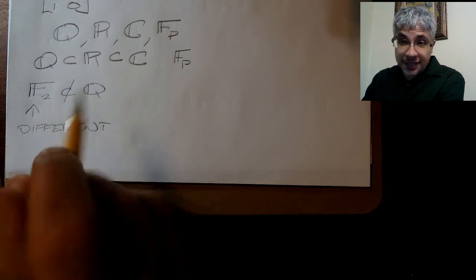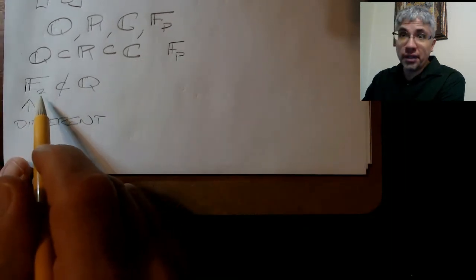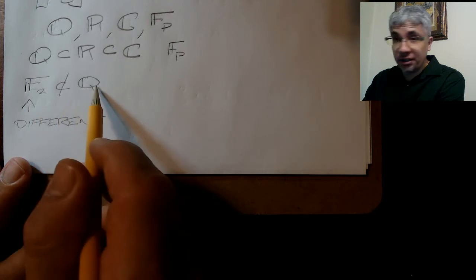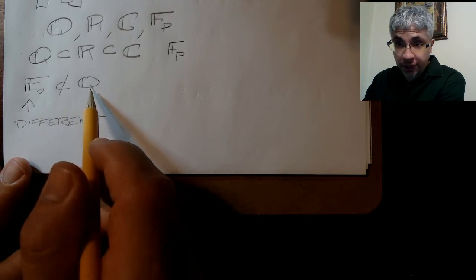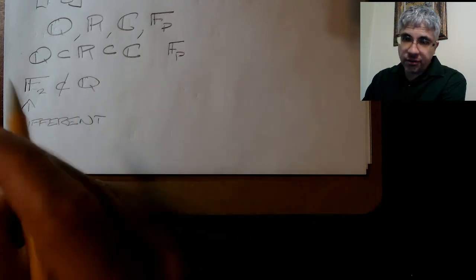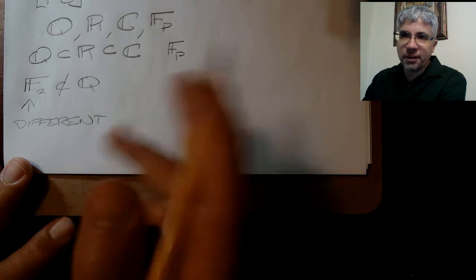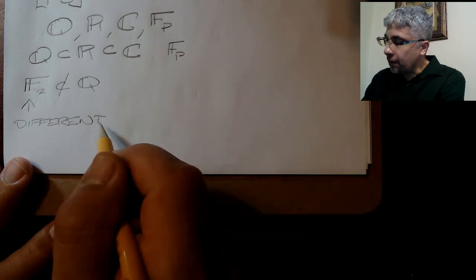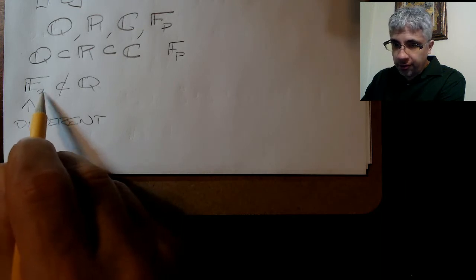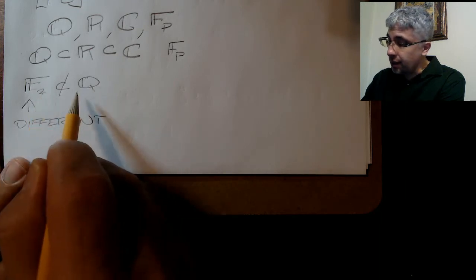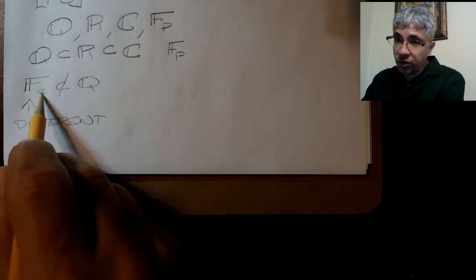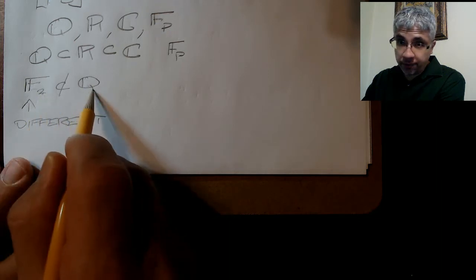I mean, set-wise as elements, yes. 1 and 0 are the elements in the field of two elements, and 1 and 0 are both rational numbers as well. They're rational because you can write any integer as a rational number by writing it over 1. But don't assume that this is a subset of this, because if we're multiplying here, we're doing something very different than if we're multiplying here.